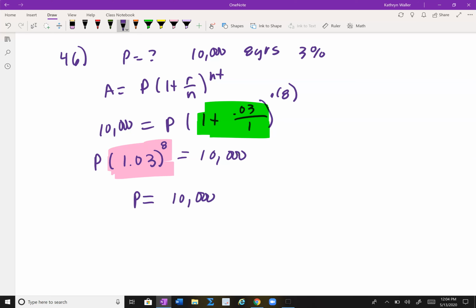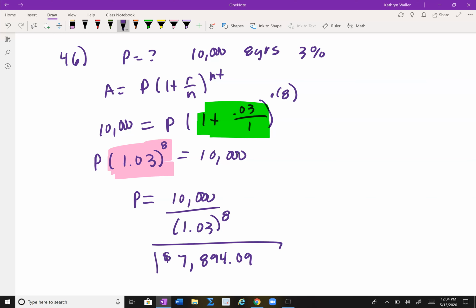It's just 10,000 divided by 1.03 to the 8th. So you go 10,000 divided by parenthesis 1.03, close it, raise it to the 8th, hit enter. It's $7,894, and to the nearest cent, 9 cents, and I'm done. Again, store that exact value in, put it in for P, and you should get 10,000.